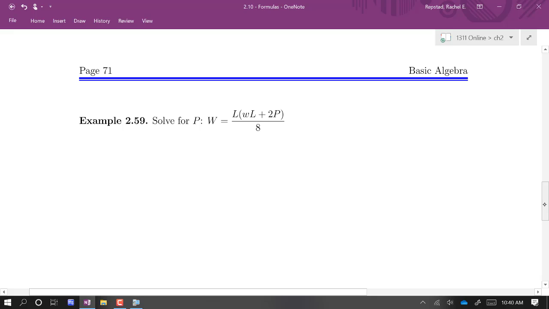Our next example, we've got a fraction here, and we'll just note that little w and big W are different variables here, so we're just going to be careful about that. And we want to rearrange this formula so that it's solved for p. So the first thing I'm going to do is write this equation again, just to give myself some space here.